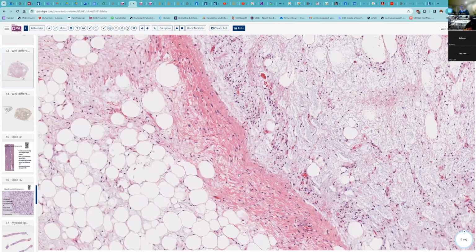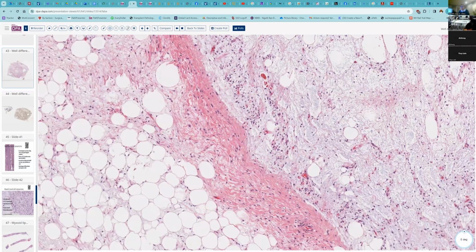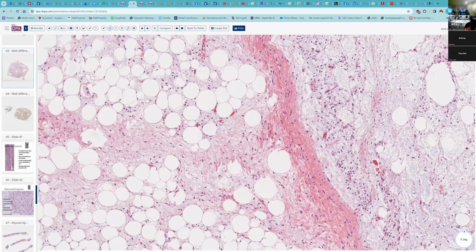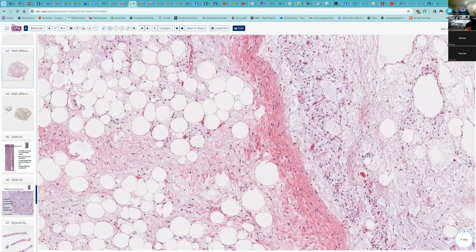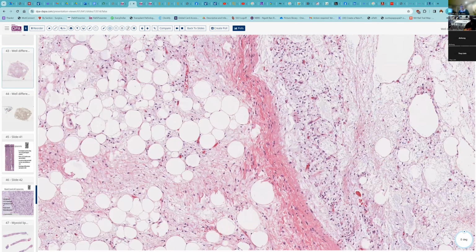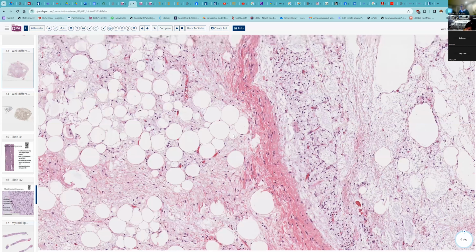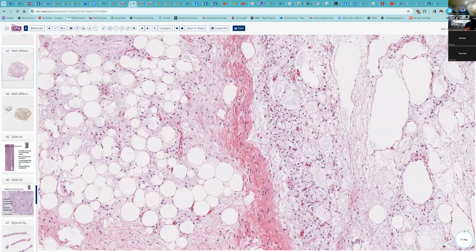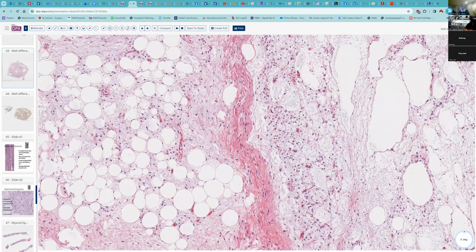And there can be the temptation to consider this as a myxoid liposarcoma. So that is a potential pitfall when you find a retroperitoneal tumor that has fat and myxoid changes.